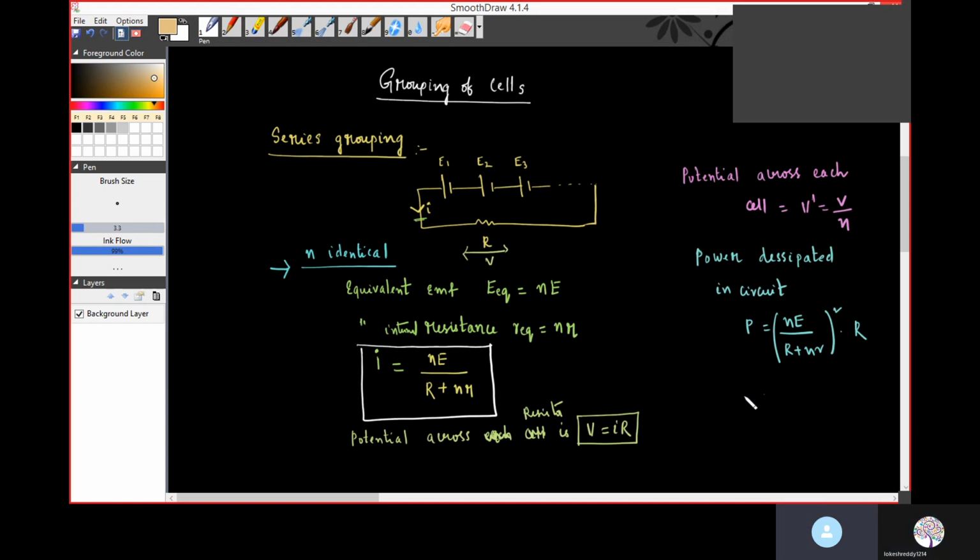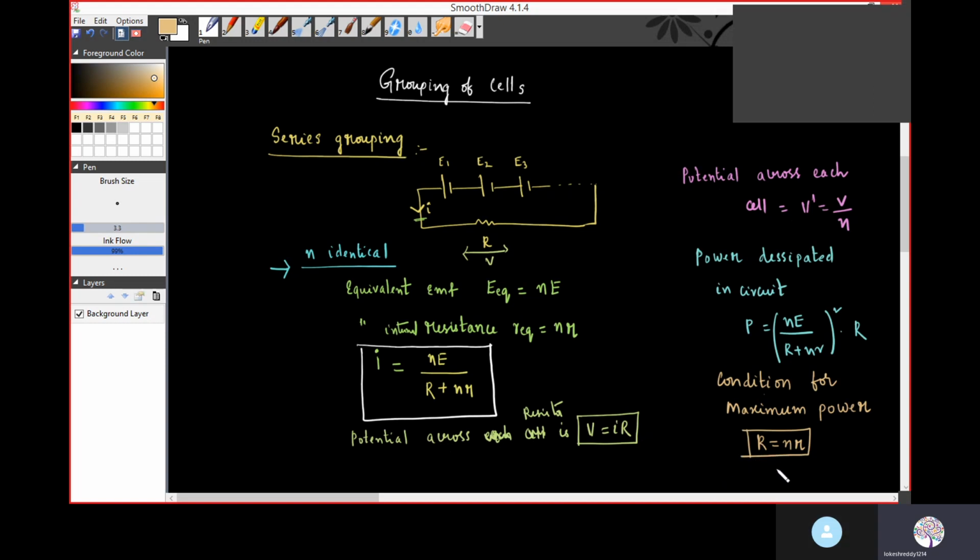Now, the condition for maximum power. If you want maximum power, then the external resistance is equal to the internal resistance.